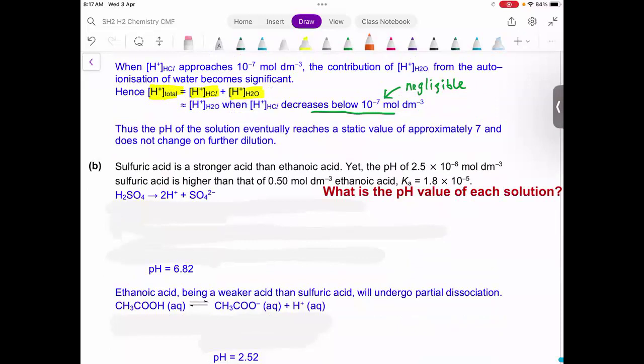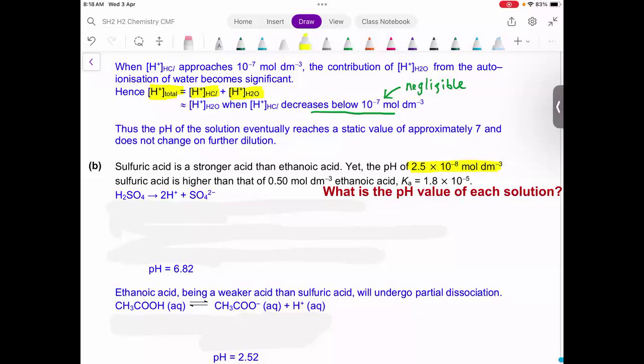Let's say you calculate. In this case, how do you think I get this value? Let's say the question asks you to calculate, how do you think I get this value? Because if you look at the value, the concentration of the sulfuric acid that is given to you is 10^-8.